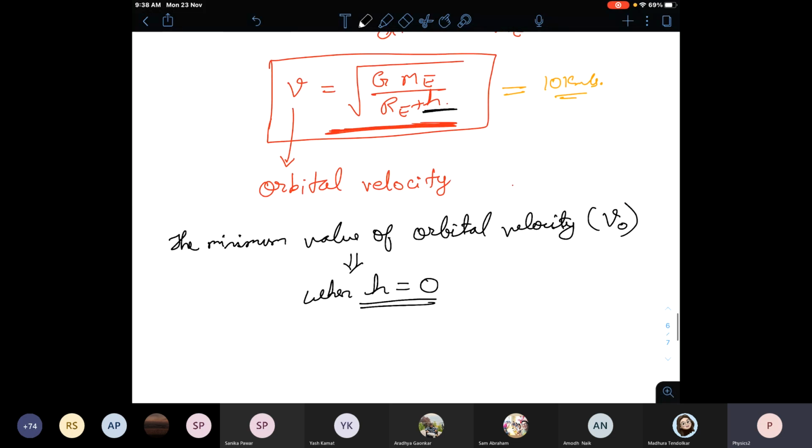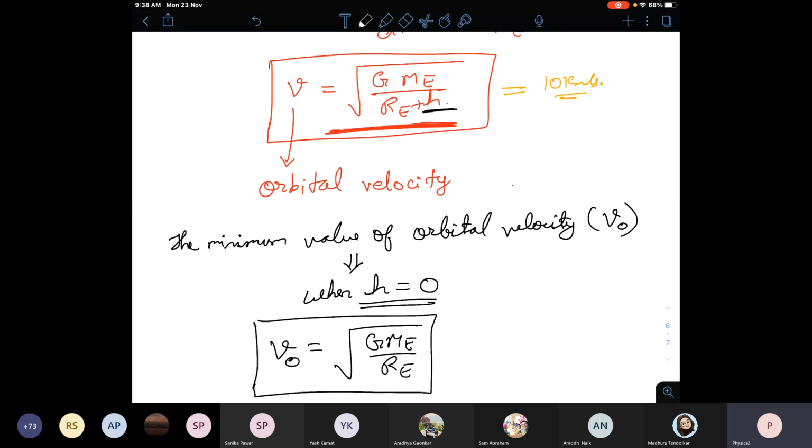As you replace it, the minimum orbital velocity becomes under root of G Me upon Re. If you want, you can remember this. Again, it can be represented in the form of small g also. How?